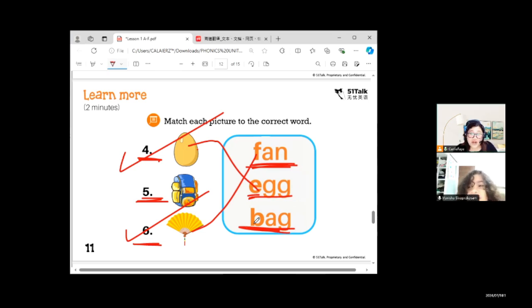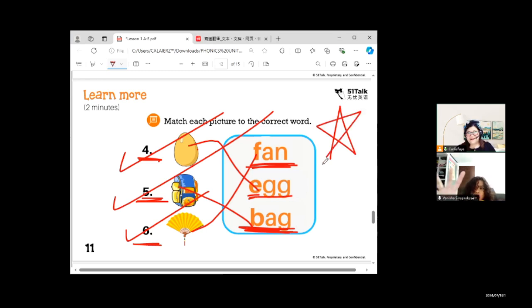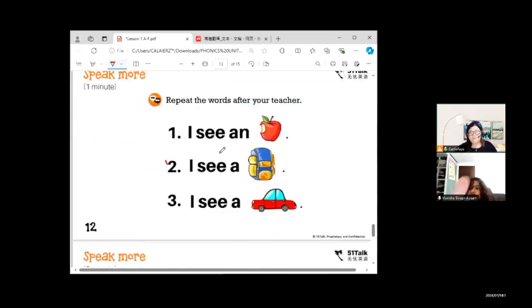Where is the bag? Picture number 5. Ayun. Okay, let me give you a star here. Give me 5. Woo! Wow.